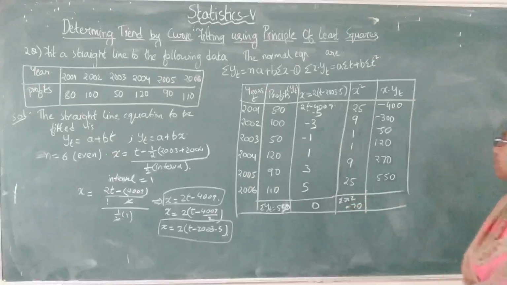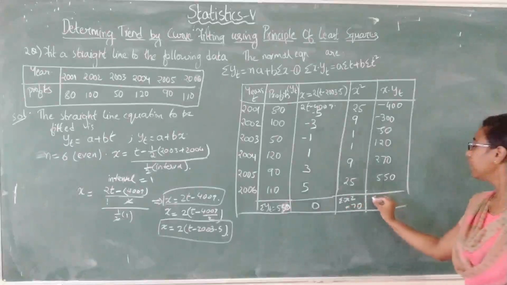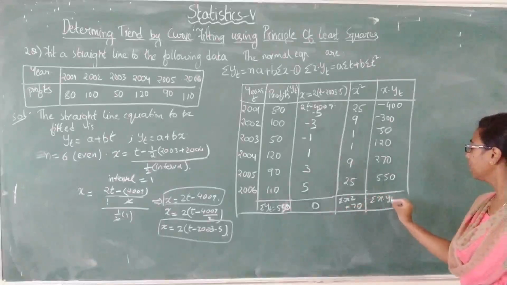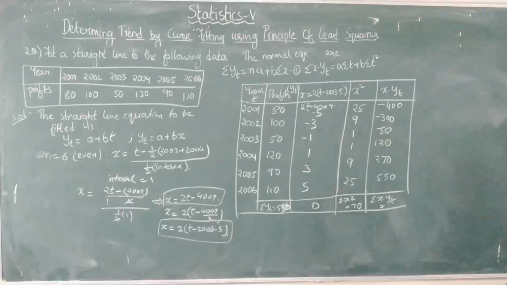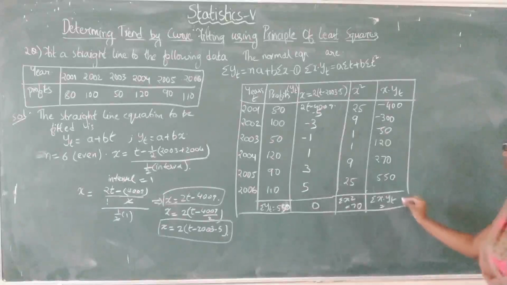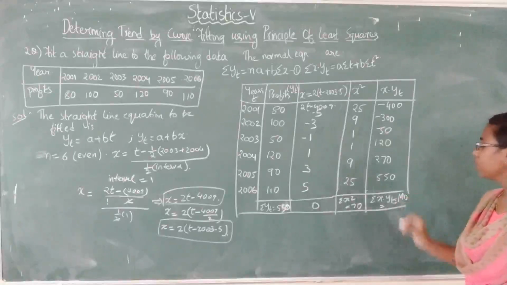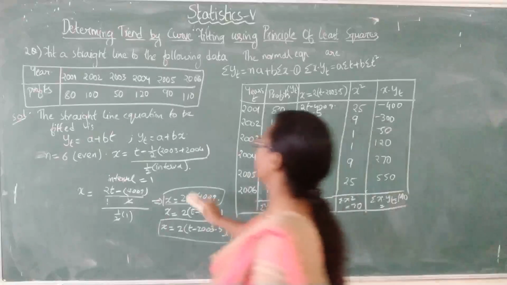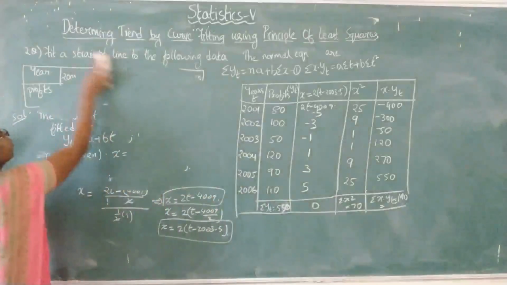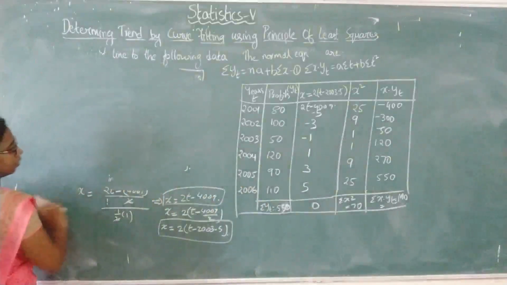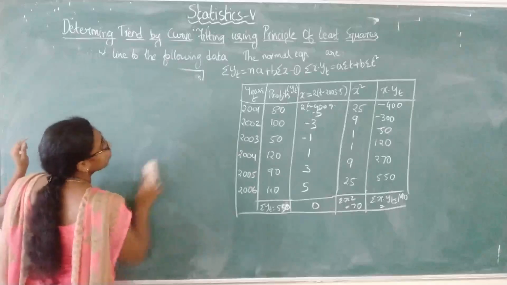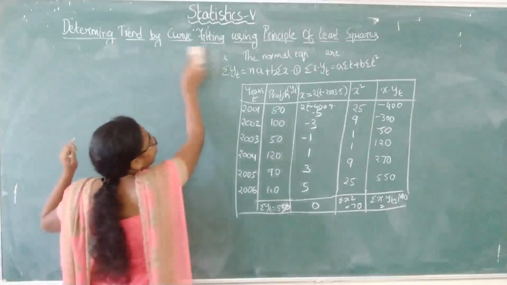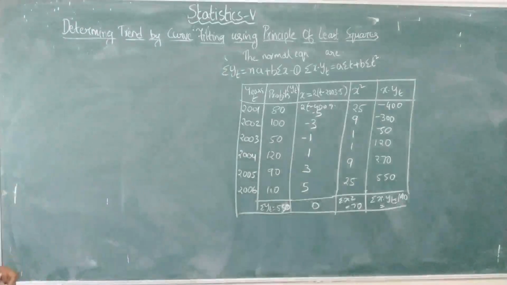Summation x square is 70 and summation x into yt you will be getting the value as 190. So now we will substitute these values in our normal equations. So what is the first normal equation?